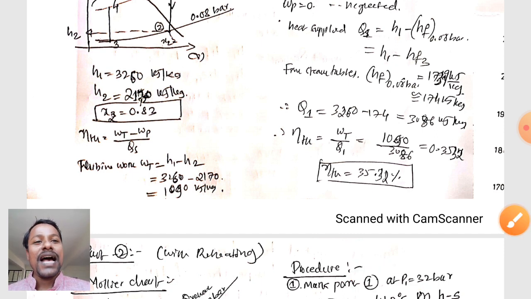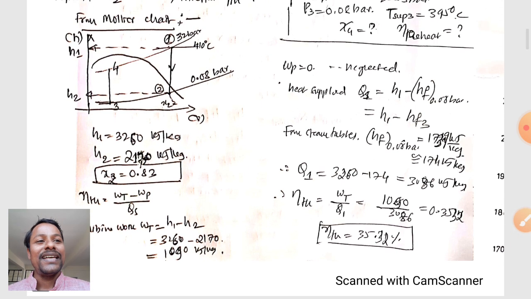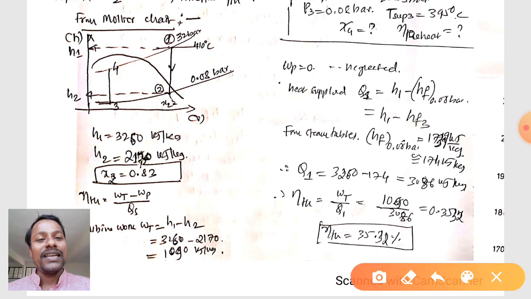Similarly I am also supposed to calculate heat supplied. So heat supplied is required for calculation of thermal efficiency. So for heat supplied, we know that in the simple Rankine cycle heat is supplied between 4 to 1, and 3 to 4 is a pumping process, so pump work is negligible. So almost the enthalpy at state 4 and enthalpy at state 3 both are equal.